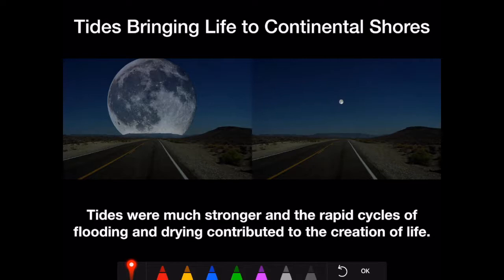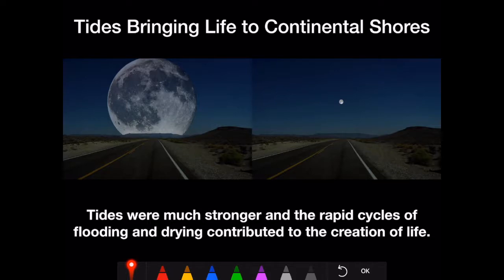Richard Lathe, who I spoke about earlier, is a scientist who specializes in the study of lunar tides, and in his research he suggested that with the tides rushing in and out, the right molecular bonds and strands were able to form.